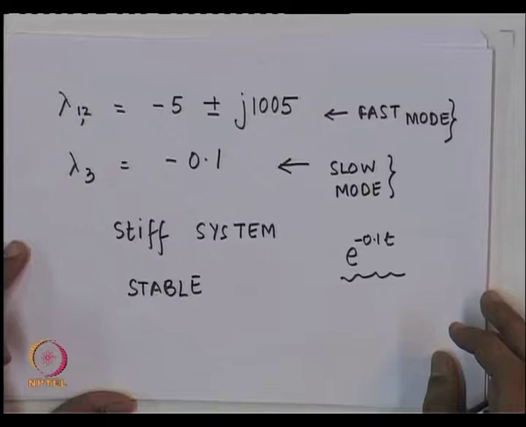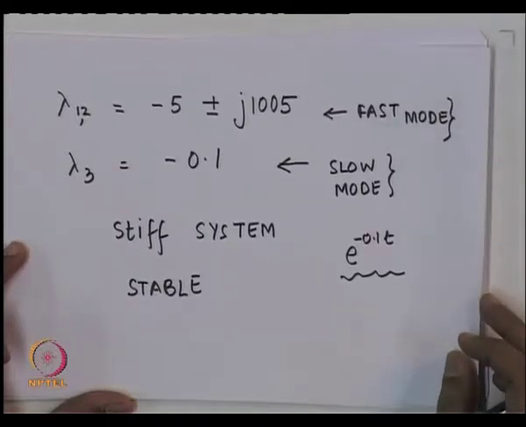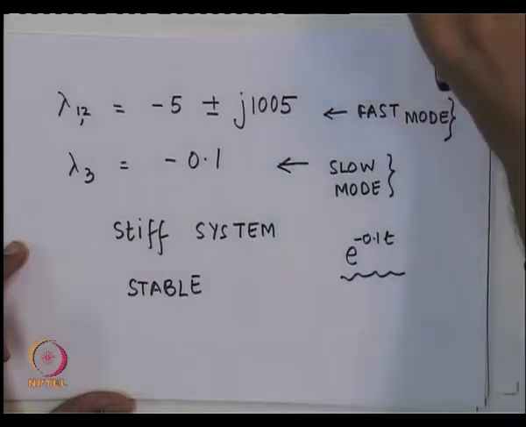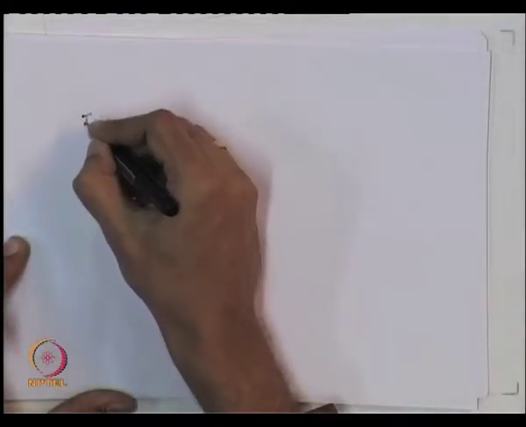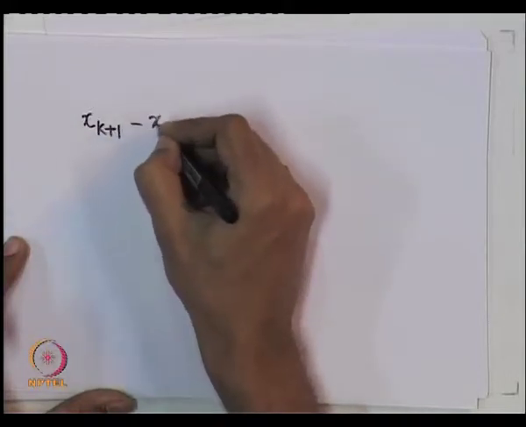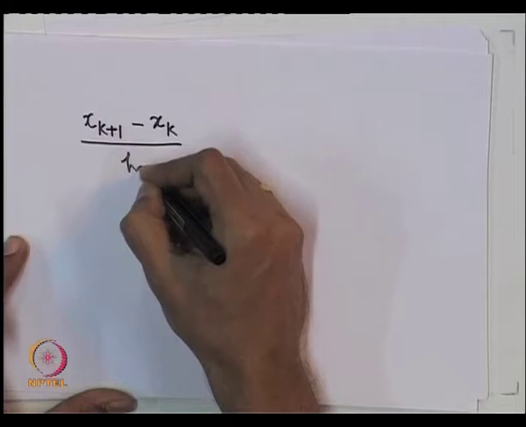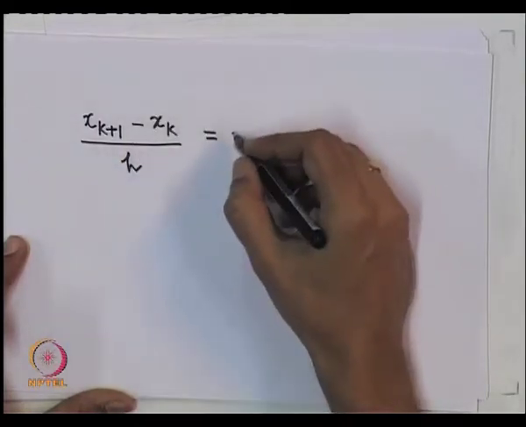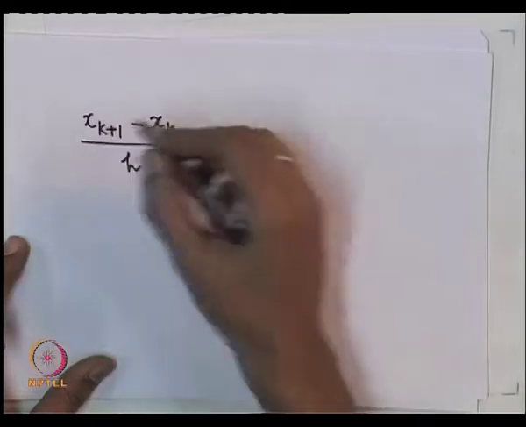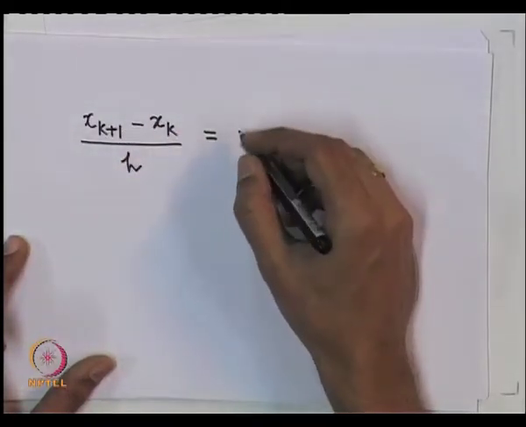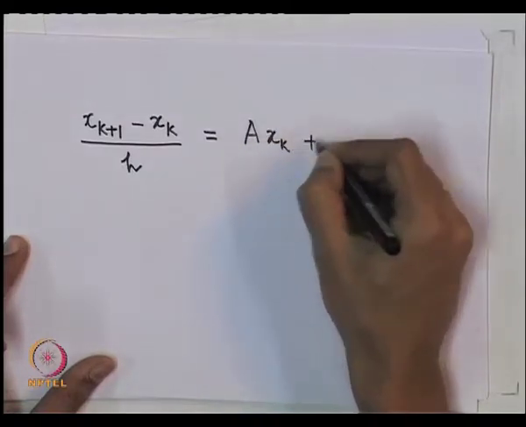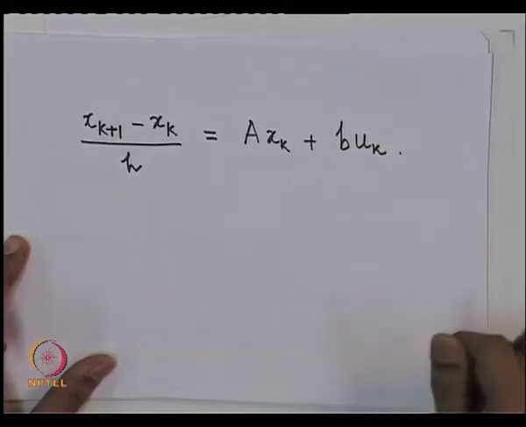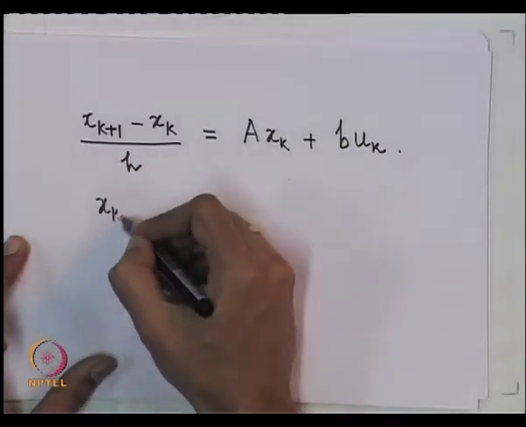Now, if one tries to numerically integrate this particular system, one may use the Euler method. For example, if one wants to apply the Euler method to this differential equation with a time step of h, if you know the value of x k, you can get the next value, x k plus 1, the next sample of x, by using this relationship: a x k plus b u k.